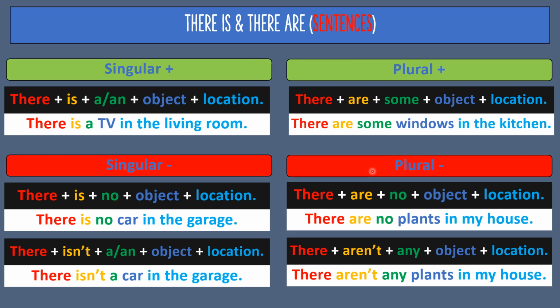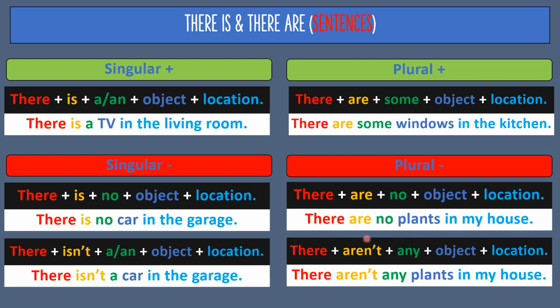Now for plural negative sentences, you need there plus are plus no plus the object plus the location. Or you can also use there plus aren't plus any plus the object plus the location. For example, there are no plants in my house.